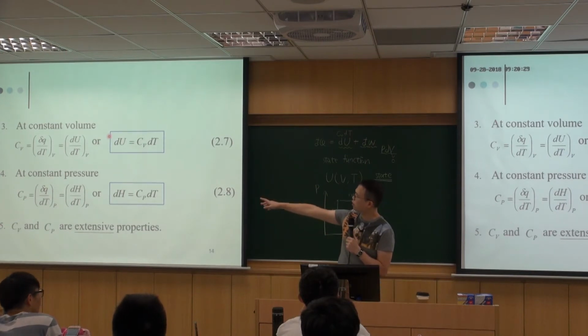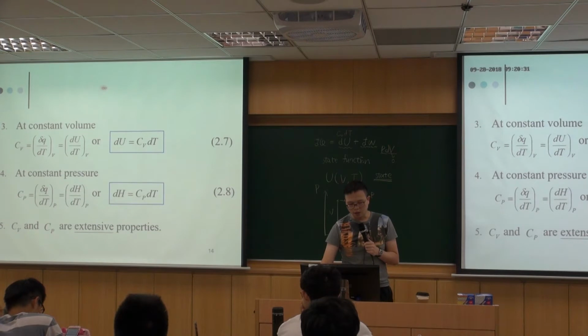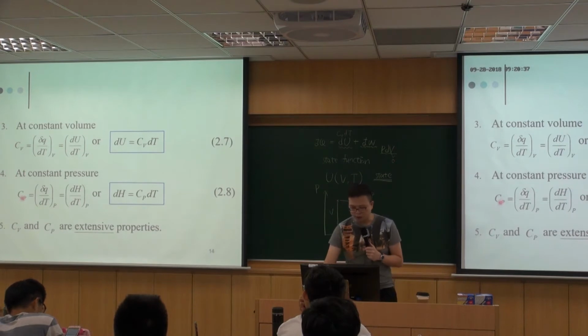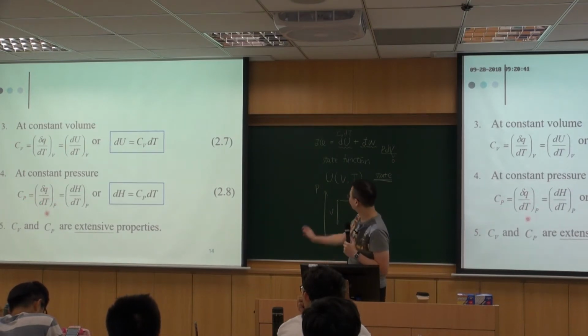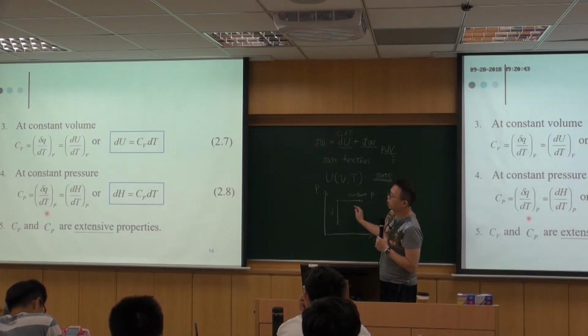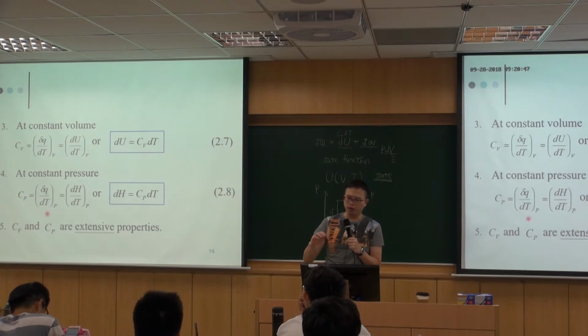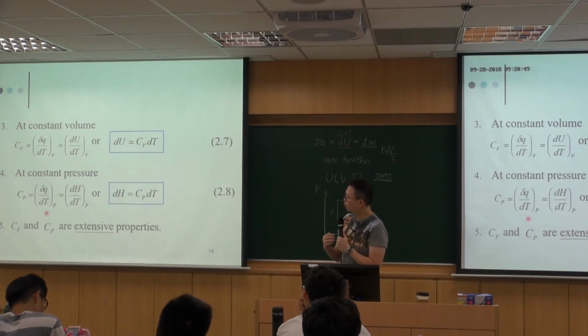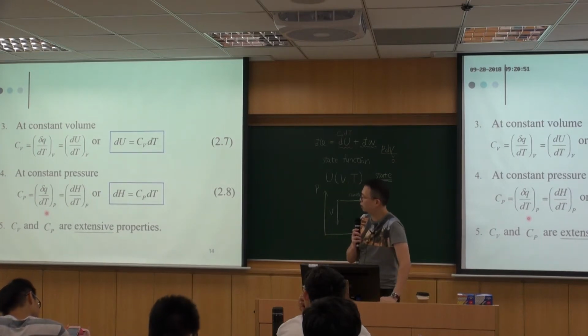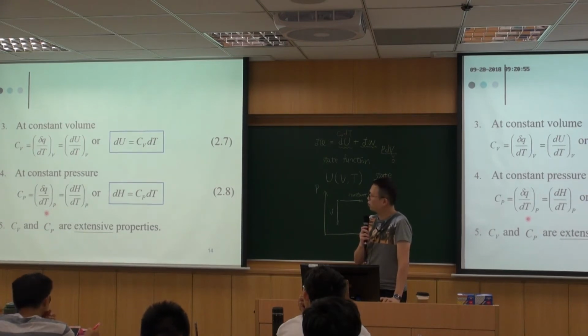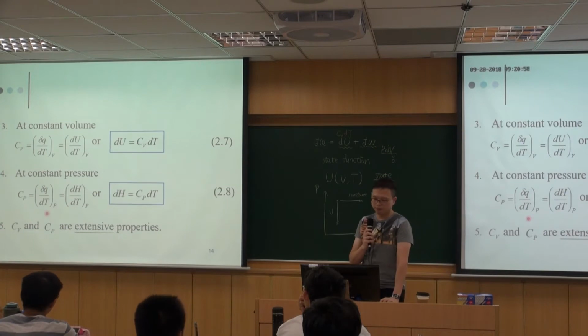And also for constant pressure process, we have a subscript P over here because the pressure is fixed. So again, the subscript P means that the pressure is fixed. And last time we know that if the system is going through a constant pressure process, then the change of the heat can be written as the change of enthalpy, right?